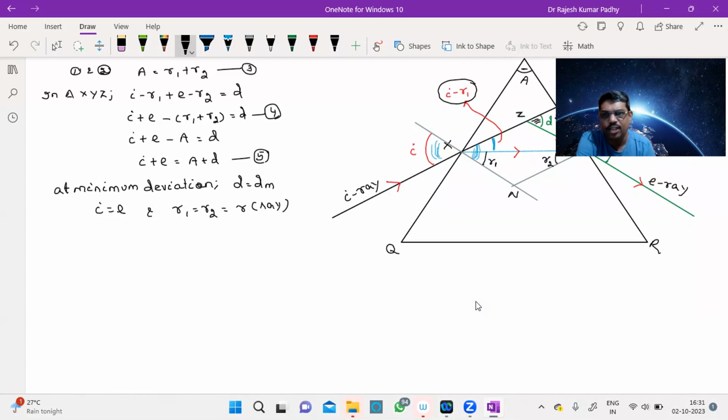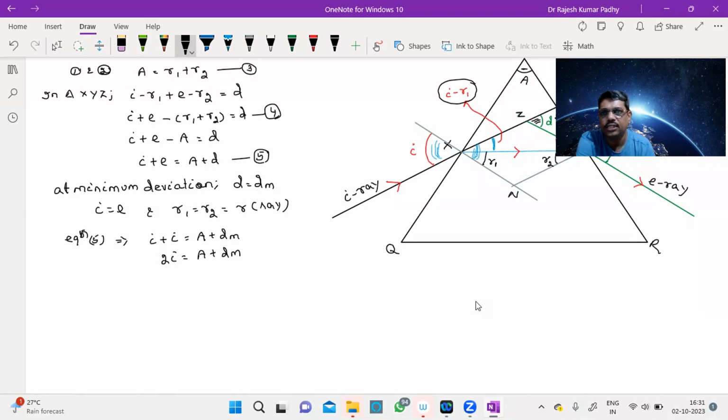Now, when I equals E, equation 5 can be written as I plus I is equal to A plus Dm, because D equals Dm and I equals E. Therefore, 2I is equal to A plus Dm.